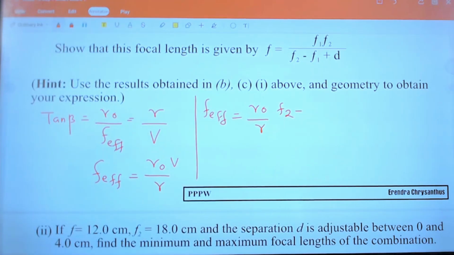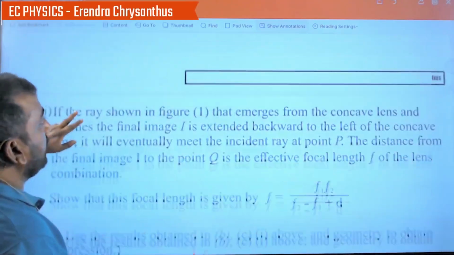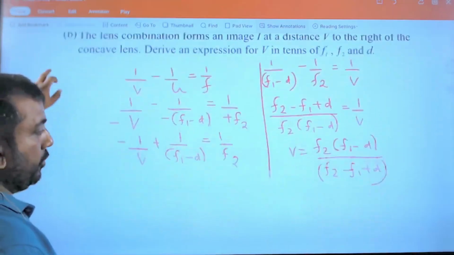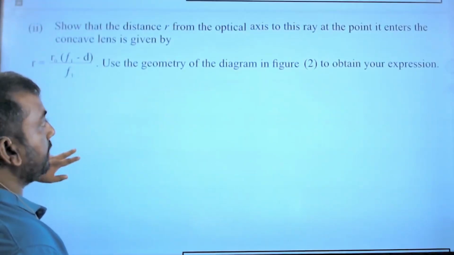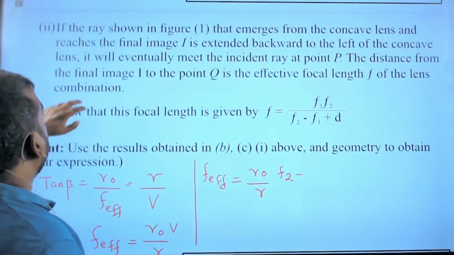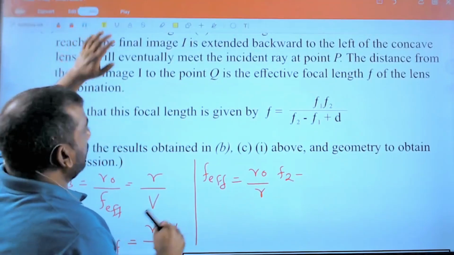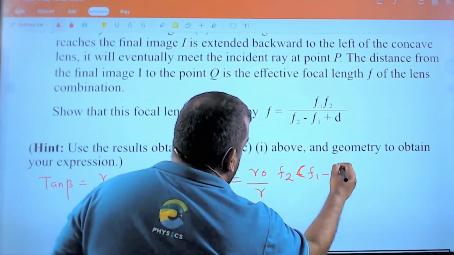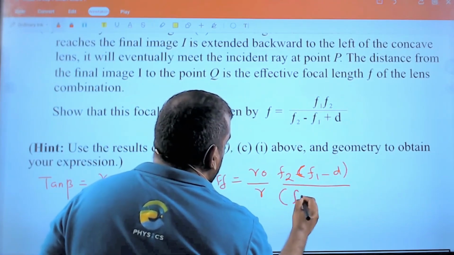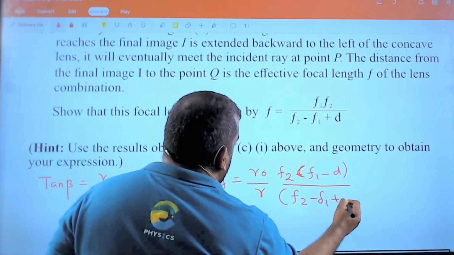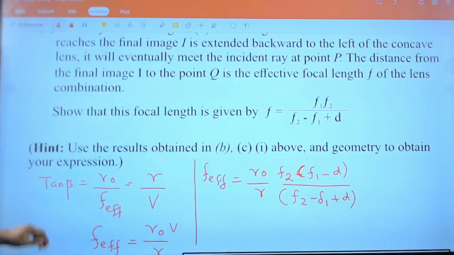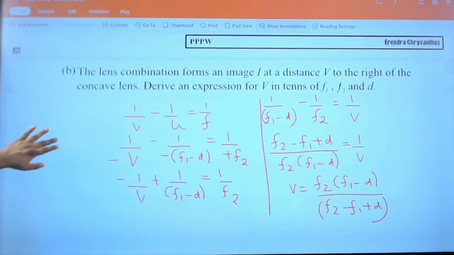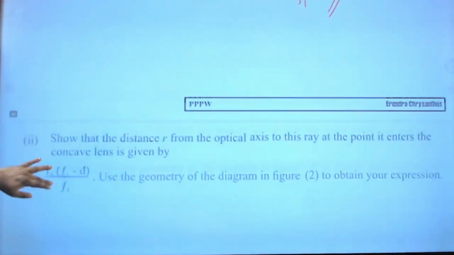Turn back and look, be careful when you substitute, otherwise you get the whole thing wrong. Let's see. F2 minus F1 plus D. Right. Okay.